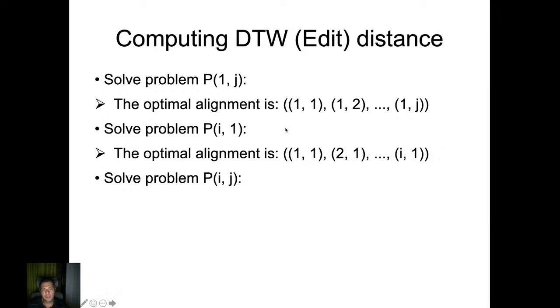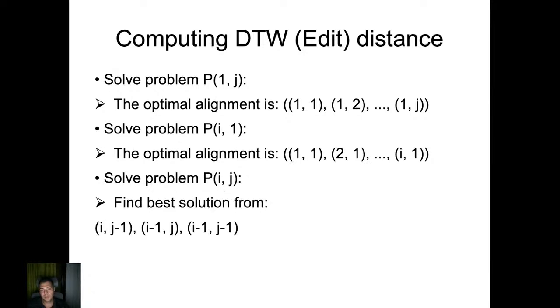So now we have these two alignments, and now we have to solve the generic problem P of i and j. And this is based on finding the best solution for these three problems: P of i and j minus 1, i minus 1 and j, and of course i minus 1 and j minus 1.